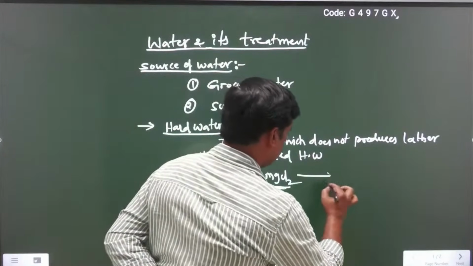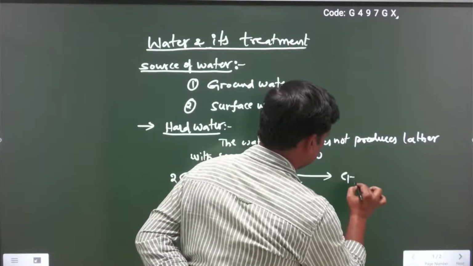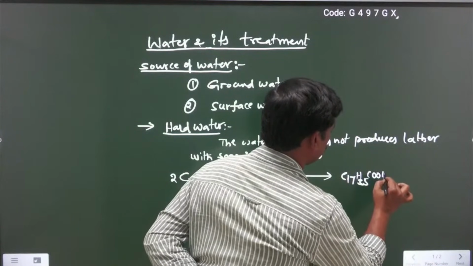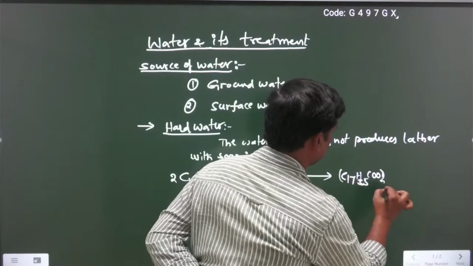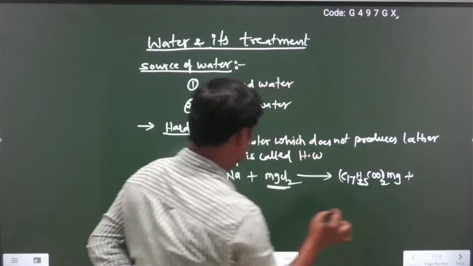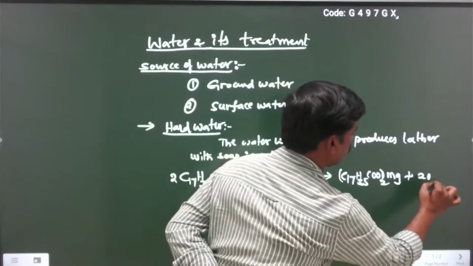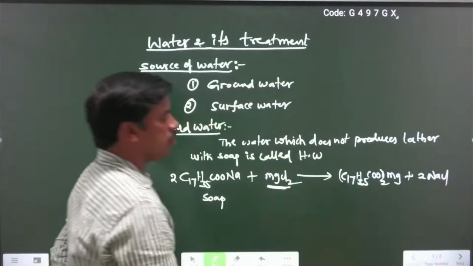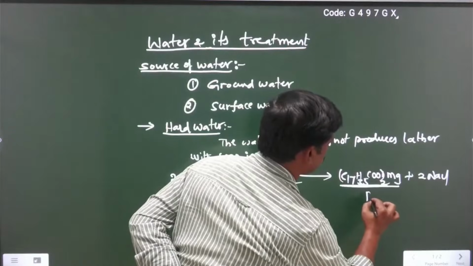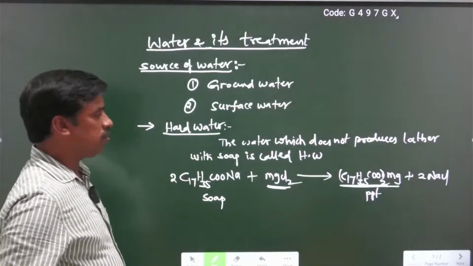Here 2 moles of soap combine to form (C17H35COO)2Mg, with 2 NaCl as a byproduct. Because this compound precipitates, lather does not form immediately with hard water.